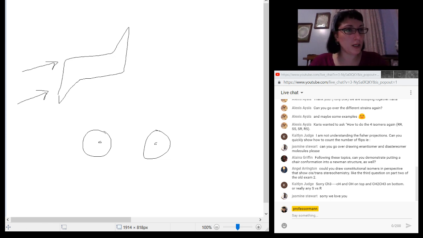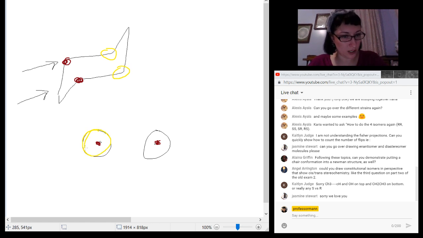And then let me highlight that. So this one here and that one there are going to be the ones in the front of your Newman projection. Then the ones behind here are going to be these.